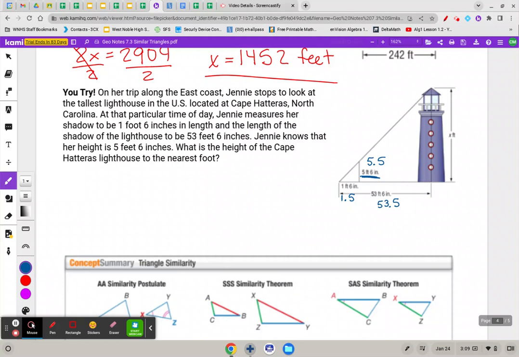Now, I'm going to compare the heights of my objects, so 5.5 over x: the height of Jenny is 5.5, over the height of the lighthouse, equals the shadow of her, 1.5, over the shadow of the lighthouse.